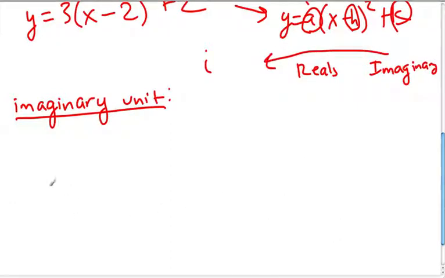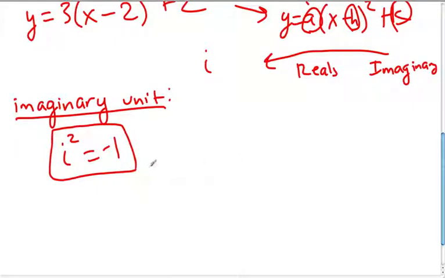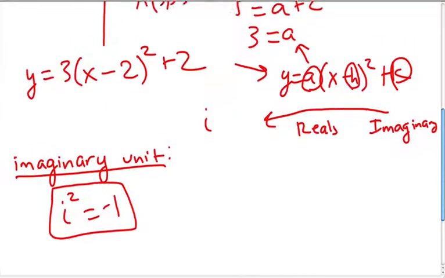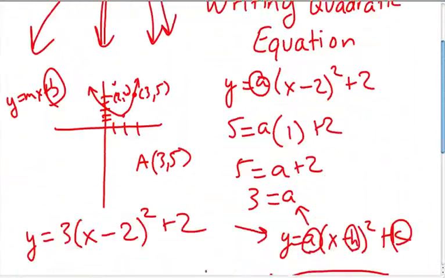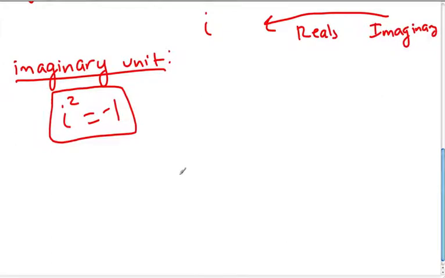The imaginary unit follows a fundamental rule: i squared equals -1. It is the one time where when you square a number, you get a negative answer, which really contradicts our understanding, if you recall, of end behavior, which depended on the result of squaring numbers and so forth.